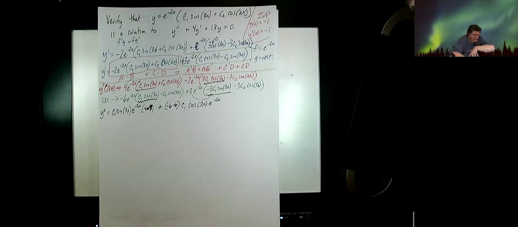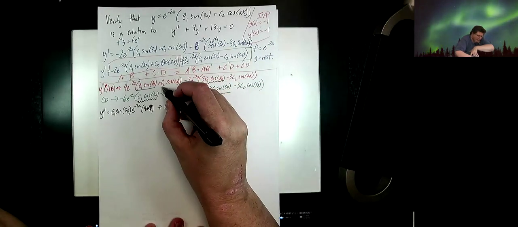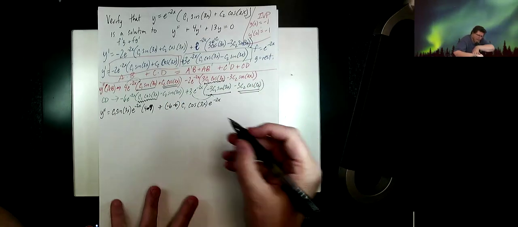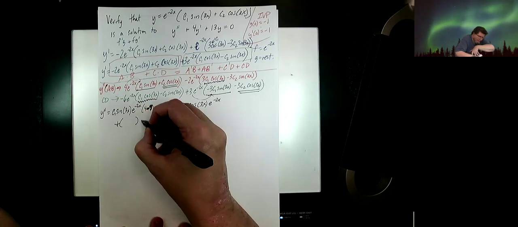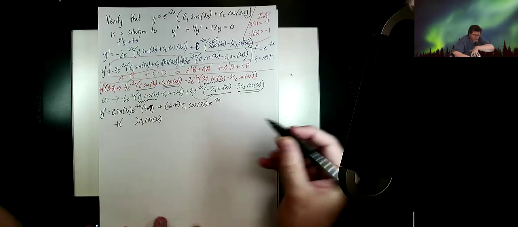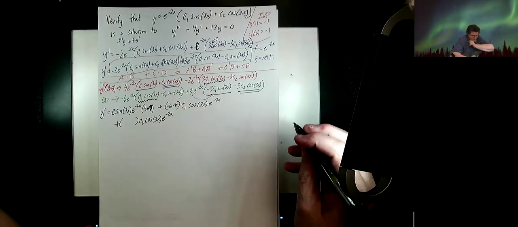Okay, those are good so far. And then C2, I'll do double underlines. We'll start with the cosines right there. So then I've got plus, I'll do a parentheses. We're going to do the C2 cosine 3x's now, and we still got e to the negative 2x.